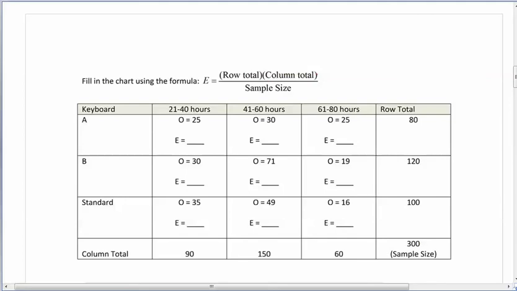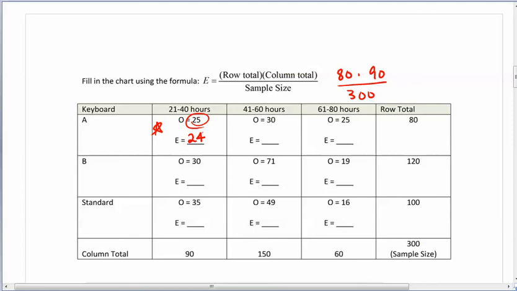Okay, so I'll do one with you. And we've already done this one, but we'll see it again. So I'll do this cell with you. 80 times 90, okay, the row total for this row times the column total, divided by the sample size, which is 300. And as we already saw, when you compute that, you get 24.